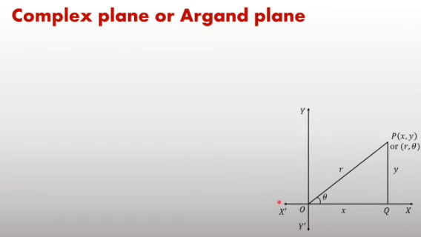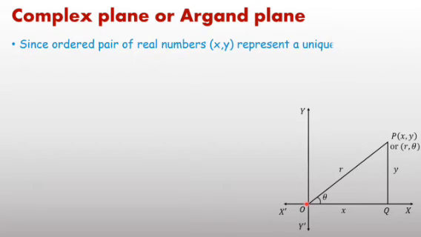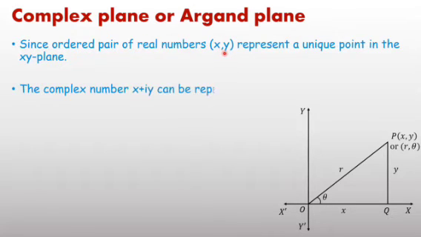In coordinate geometry, in previous classes you have covered, there are two axes, x and y axis, and the plane formed by them is known as the xy plane. If you have to plot any point on the xy plane, you can easily plot it and write coordinates as x comma y. The pair (x, y) represents a unique point on the xy plane, where x and y are real numbers.